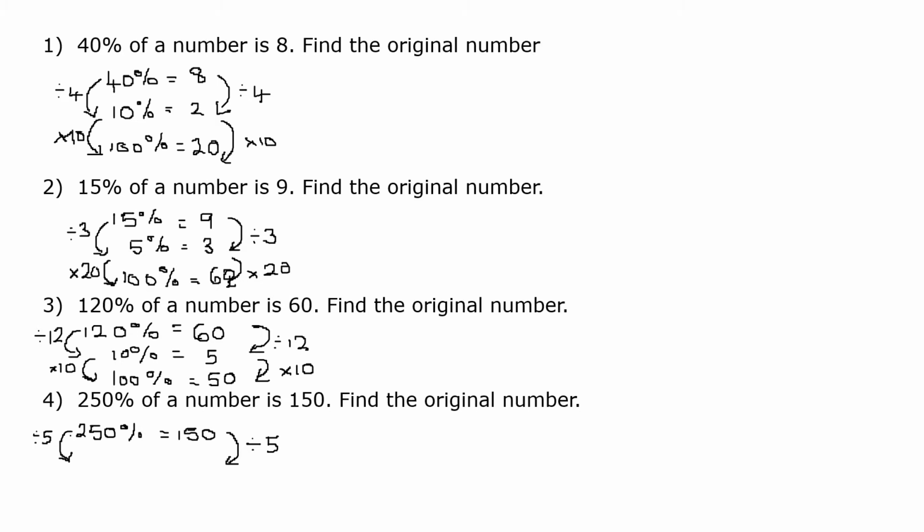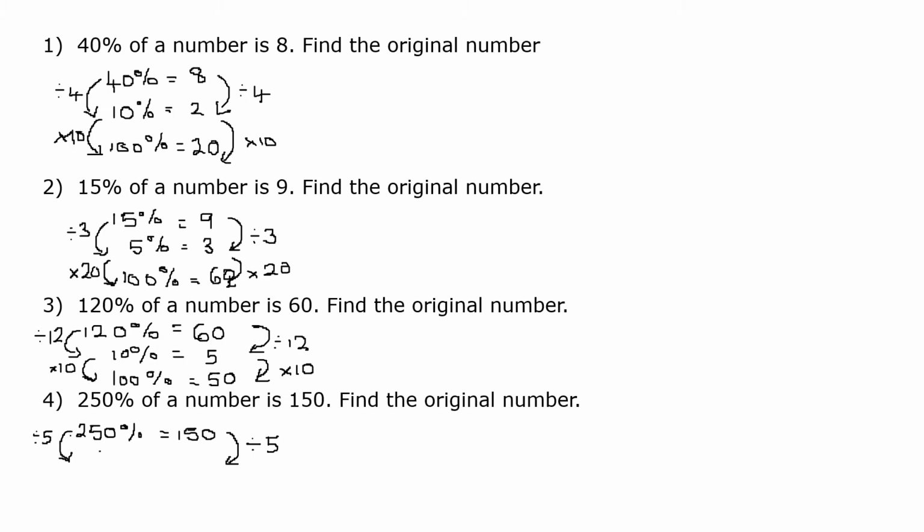So if it's a non-calculator question, try and look for a common factor, a high common factor between your percentage and the number that represents that percentage, and then that should help make the maths a little easier for you.